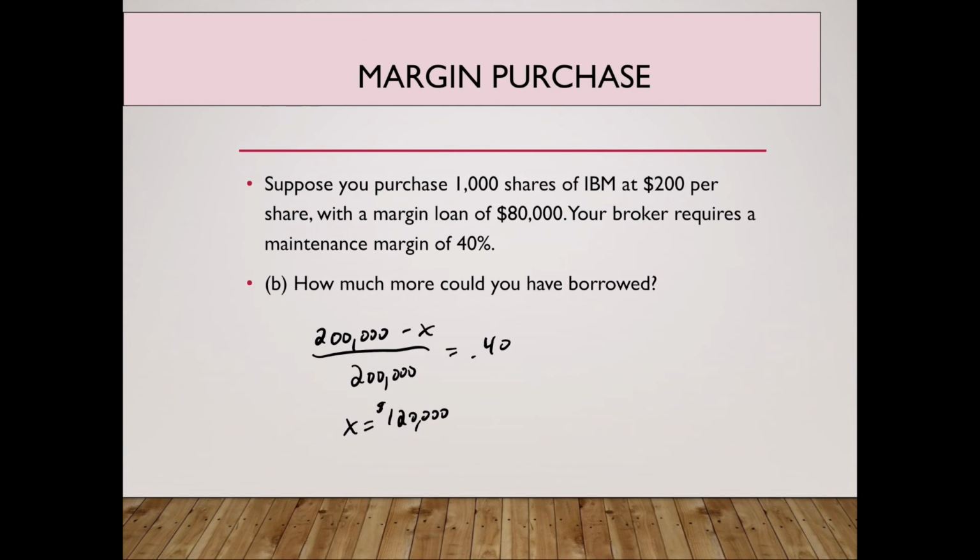I didn't go through each individual calculation, but you would multiply both sides by 200,000, subtract 200,000 from both sides and then divide by a -1 to get that the loan amount I could have borrowed is 120,000 to maintain that maintenance margin of 40%.